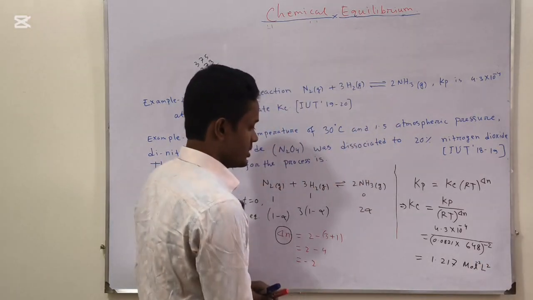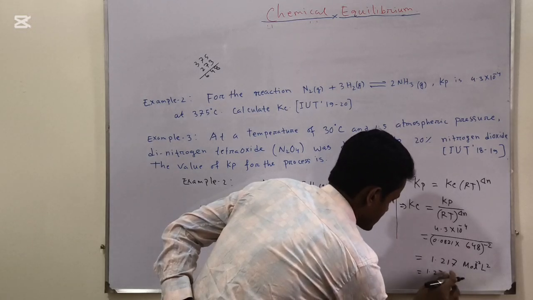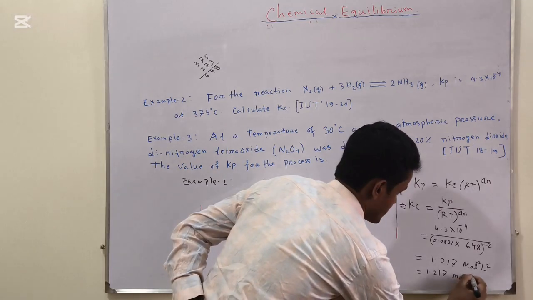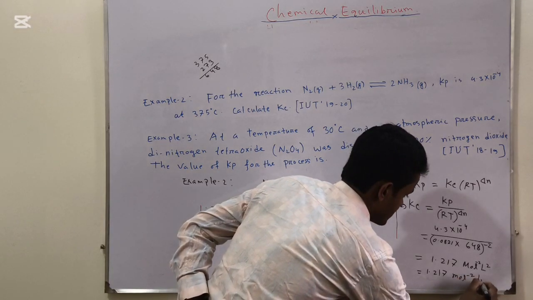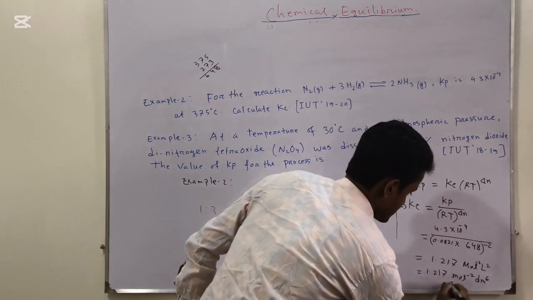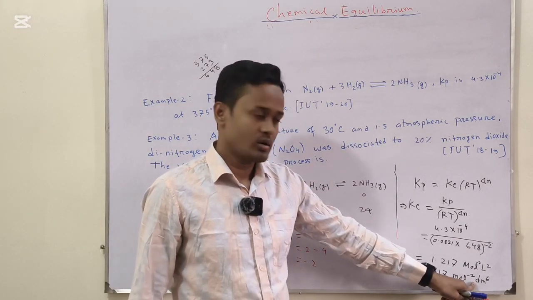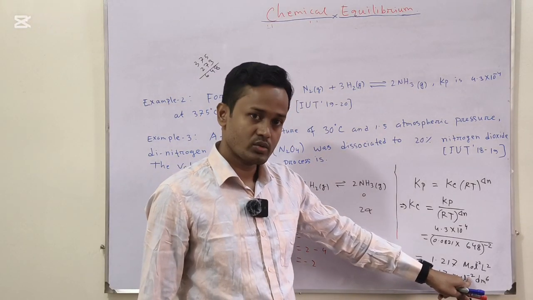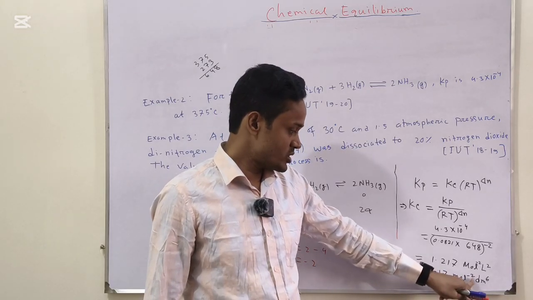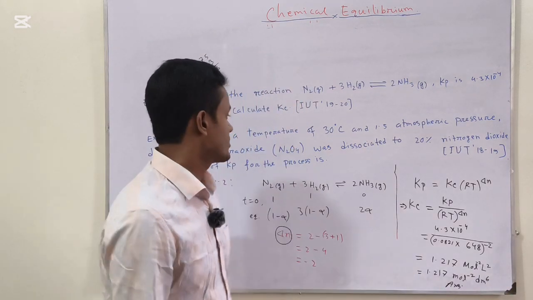Then we can write 1.217 per mole decimeter to the power 6. Answer: decimeter to the power 6 per mole square, that is mole to the power minus 2 decimeter to the power 6.